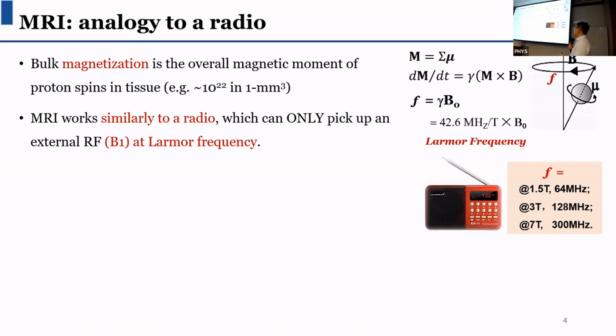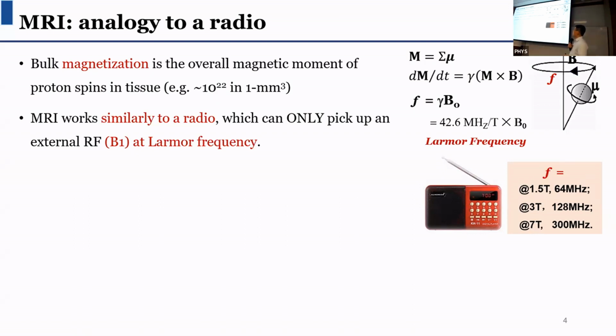If you change the magnetic field, for example from 1.5T to 7T, this frequency will change linearly. That's why I made this an analogy to a radio. I thought I was the first to think in this way, but one day I opened a Siemens magazine and they were using this analogy as well. When you use a radio, you tune to a specific frequency and you get the information, right?